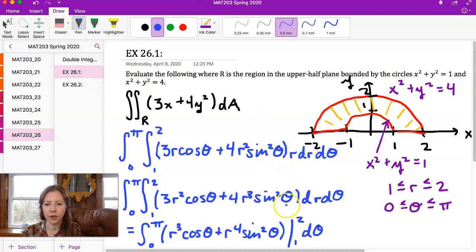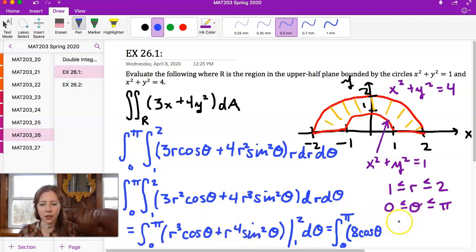So this is going to become the integral from 0 to pi of r cubed cosine theta, and 2 cubed is 8, plus 2 to the 4th is 16 sine squared theta, and then we subtract off, plugging in 1 for r, so 1 cubed is 1 cosine theta, plus 1 to the 4th is 1, so sine squared theta, and we still have our d theta.